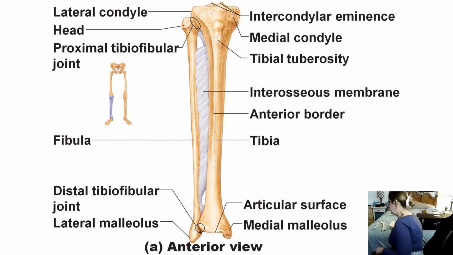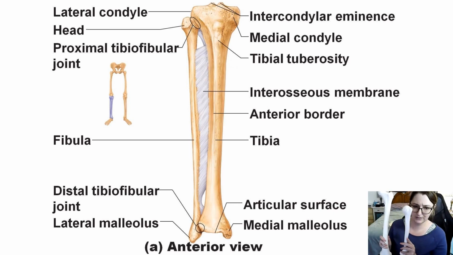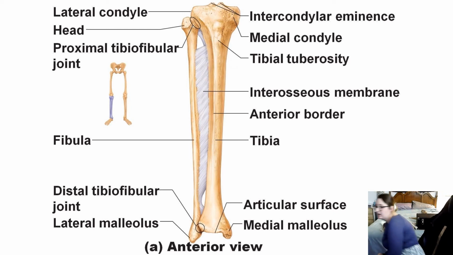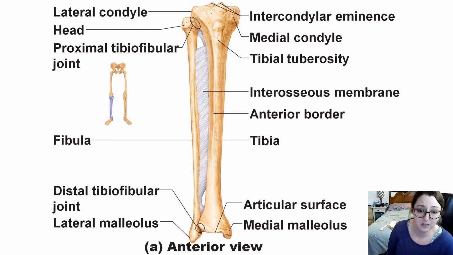Obviously not exactly the same in shape or size, but they're very related. They're very similar to each other. Likewise, our lower leg, including the tibia and the fibula, as well as the radius and the ulna, they're very similar as well. So two bones making up the forearm and the lower leg.